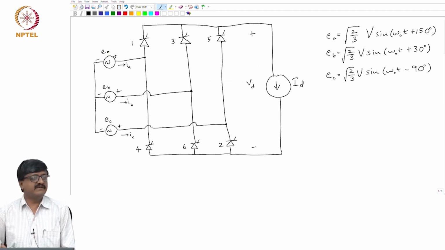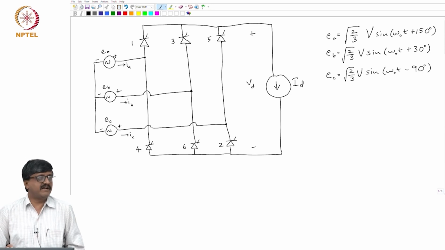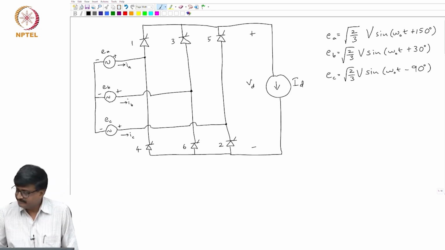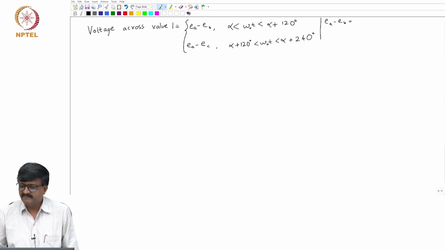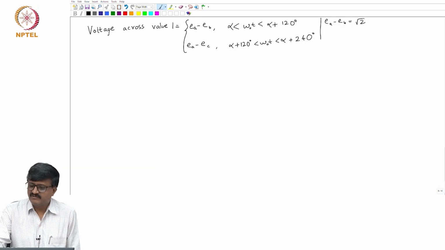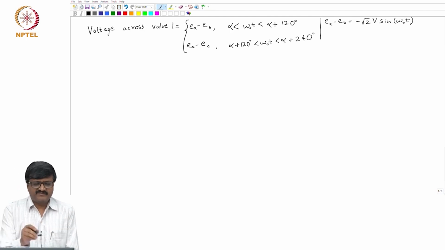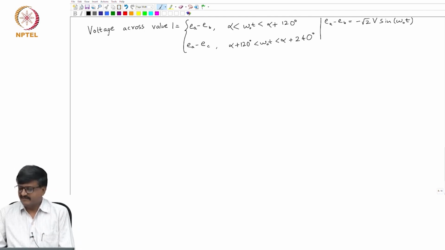So, EA minus EB is a line voltage with RMS value V. It is minus root 2 V sin omega t.